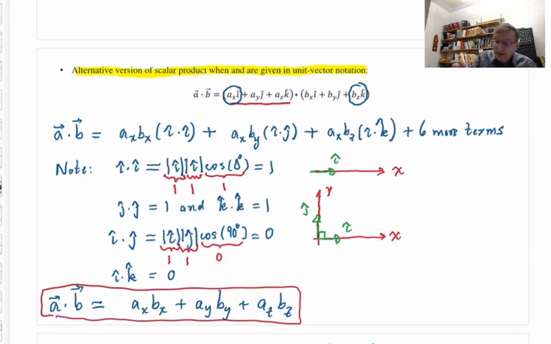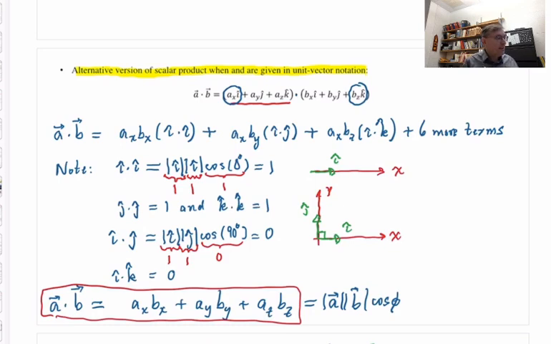And yes, that will be the same thing that you would get if you had enough information and you did all the math right, if you took the magnitude of A times the magnitude of B times the cosine of the angle between the A and the B. The way we define scalar product to begin with. That's still true. But what I've shown you is an alternative way to calculate that, the handy way to do it if you're given A and B in unit vector notation.